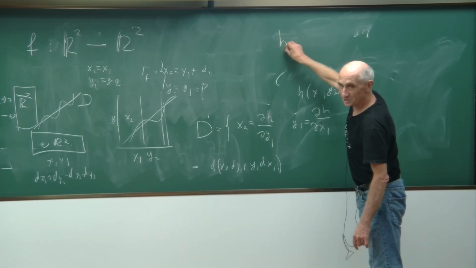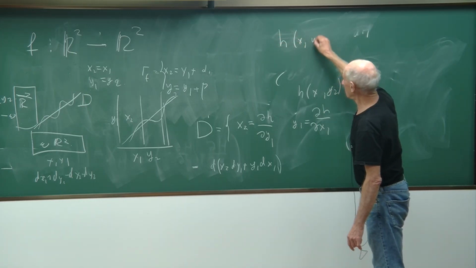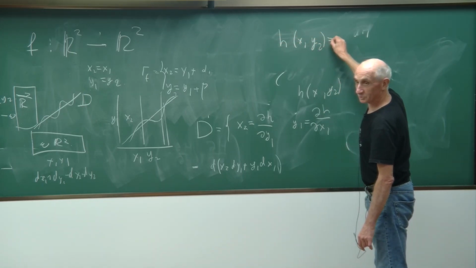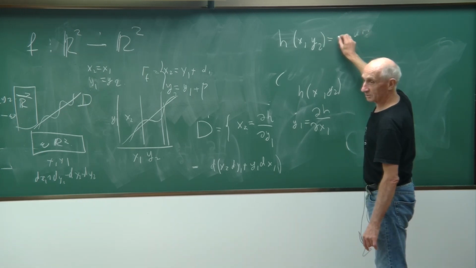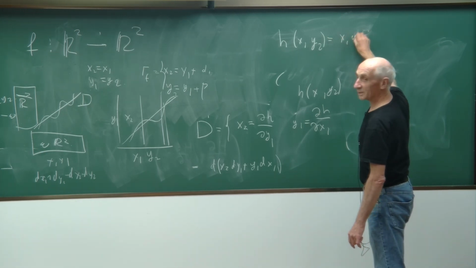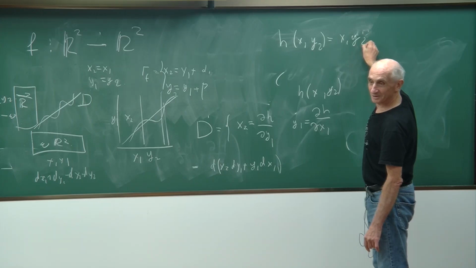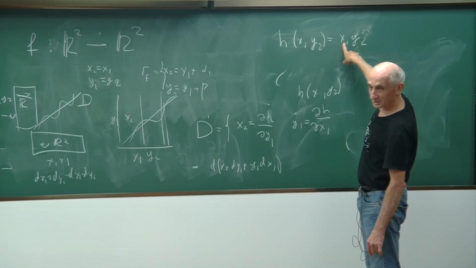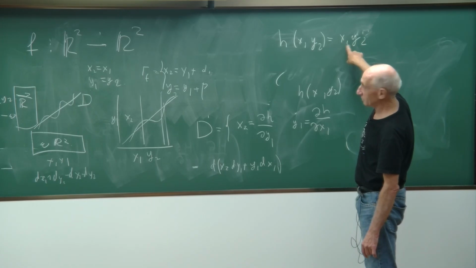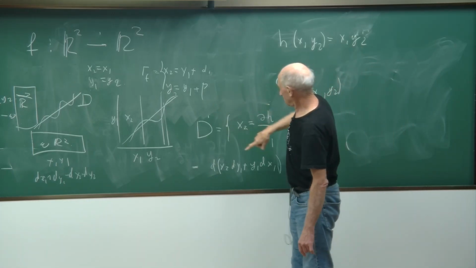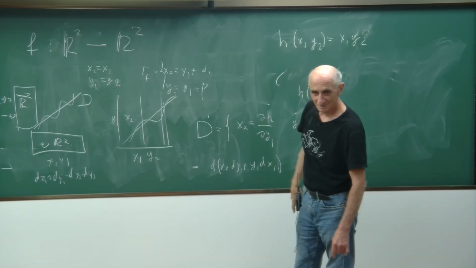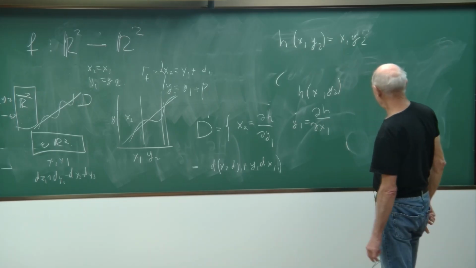Answer: h of x1, y2 is equal to x1 y2. If you differentiate it with respect to x1, you get y2. That will be del h del x2, right?